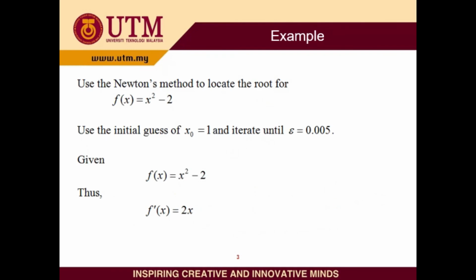For the example, they ask us to use the Newton method to locate the root to 4 decimal places. They give us f(x) equals x power 2 minus 2, and the initial guess x0 is 1, and the error is 0.005. Given f(x) is x squared minus 2, the f prime will be 2x.